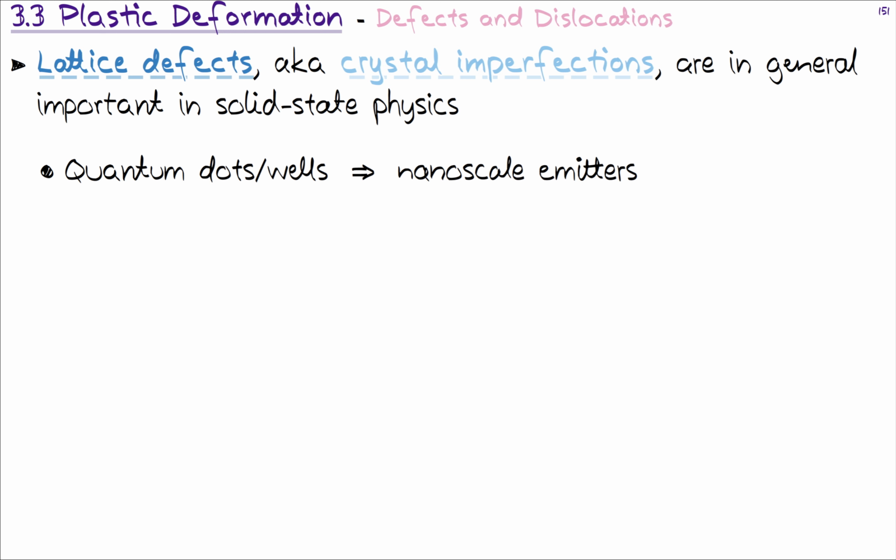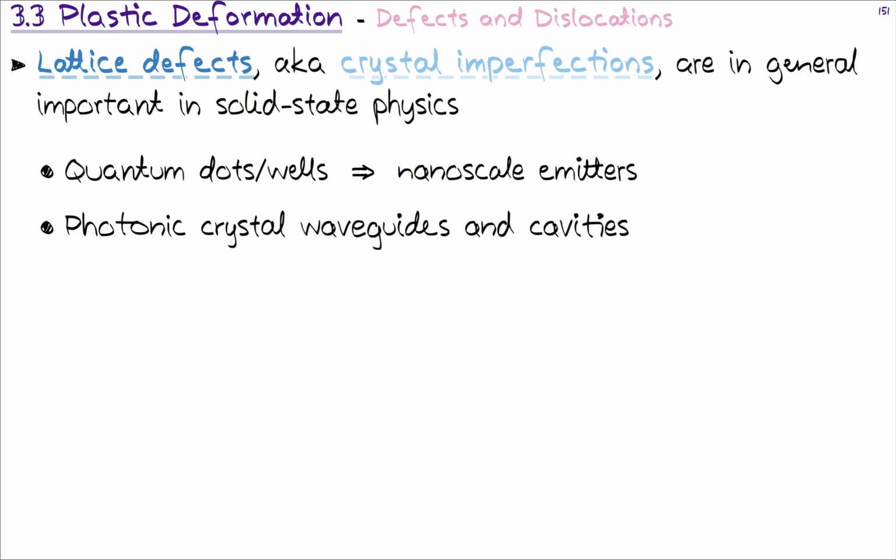And this can be used, for example, when we want to dope semiconductors. We can play around with these kinds of tricks, or we can make light sources, and there are lots of things that can be done with these structures and these concepts that are related to lattice defects. Another example: photonic crystal waveguides and photonic crystal cavities.